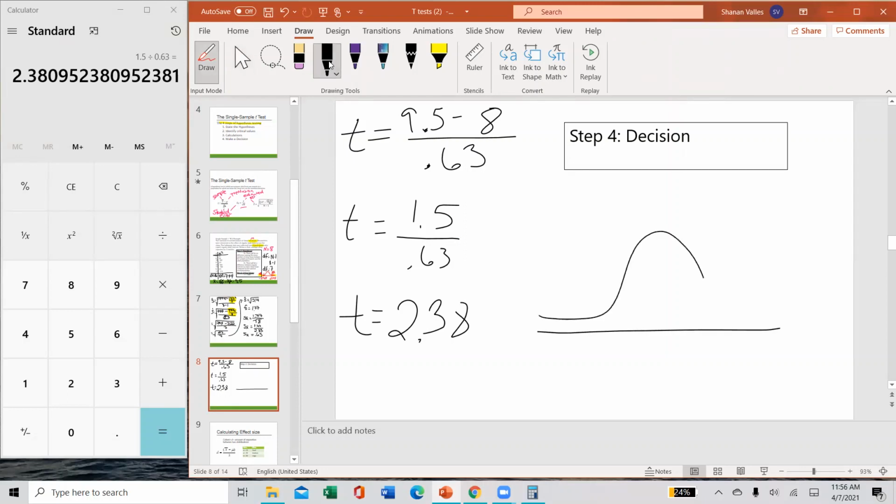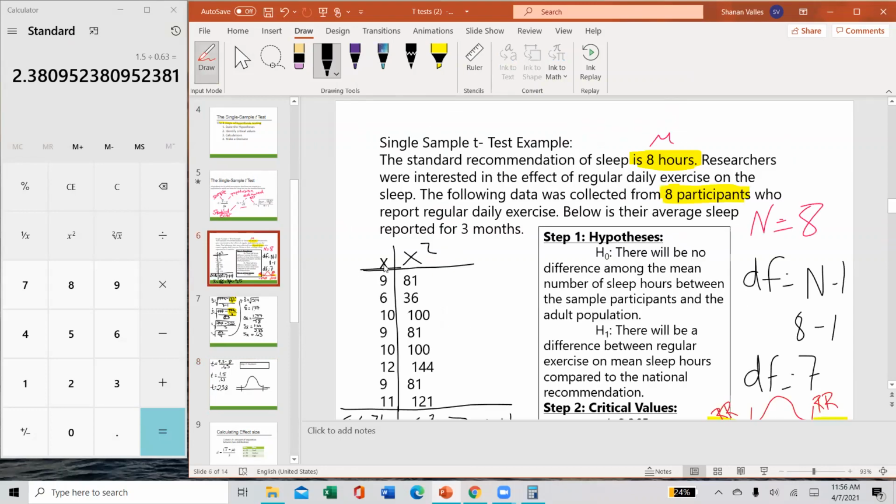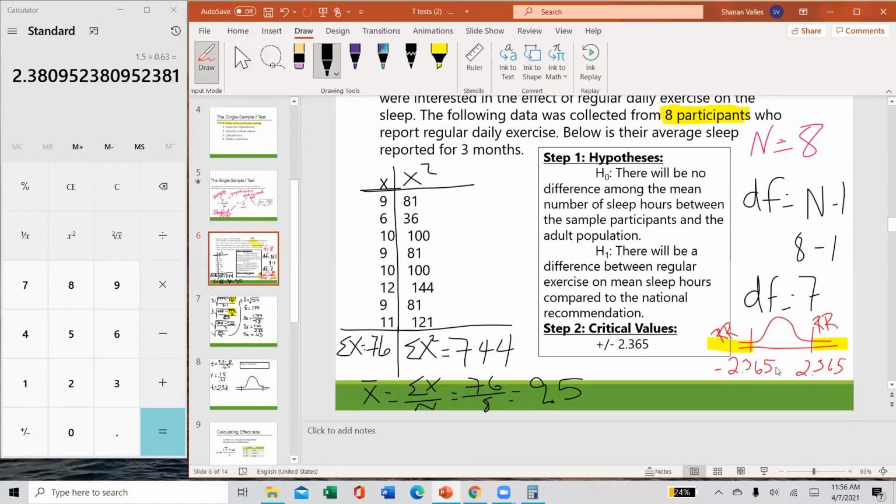So I'm just going to draw this again. We don't just make this up and we don't just say what we think it's going to be. We need to look back at our critical values, right? We had those right there in our step 2, okay? 2.365.